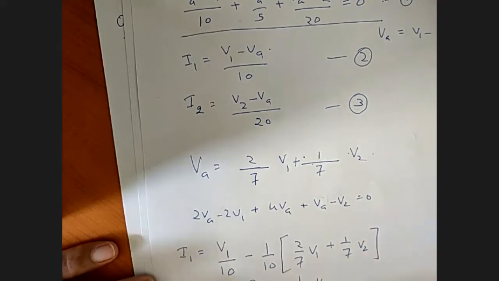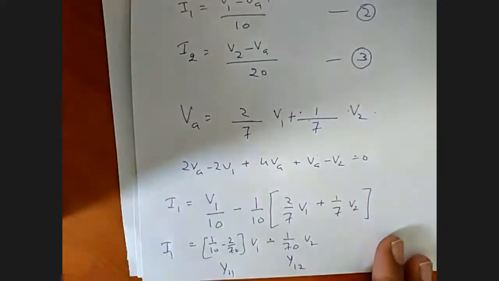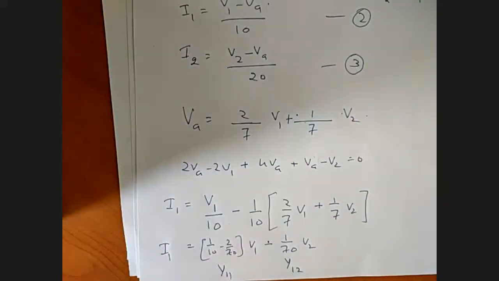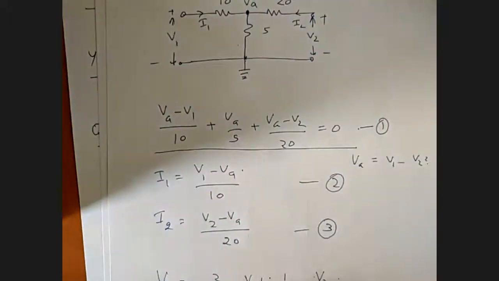That means this is Y11 and this is Y12. And similarly, when we write the second equation, you get Y21 and Y22. This is how we will be solving this circuit directly.